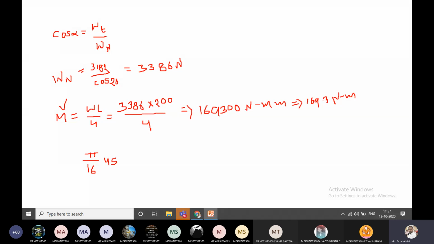And d cube, that only we need to calculate, equal to square root of 169.3 square plus torque. How much did we get previously?